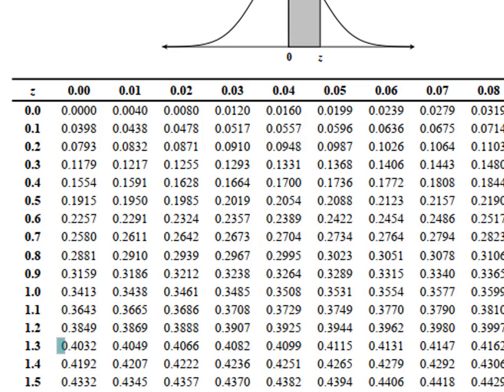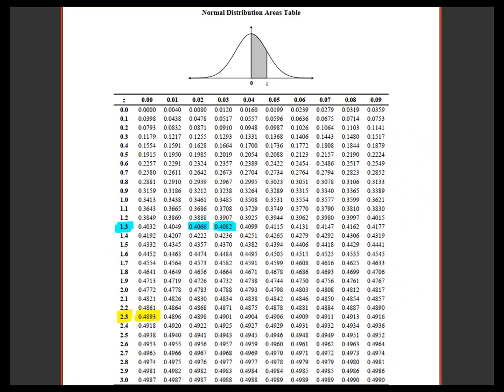So 1.3 down the side, 1.327 is going to be between 1.32 and 1.33. Okay, so you could estimate halfway between there. So you might estimate it as being 0.407.